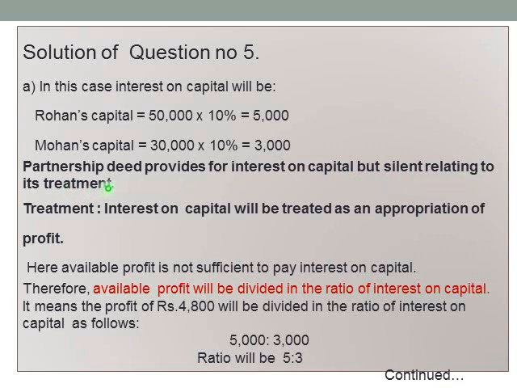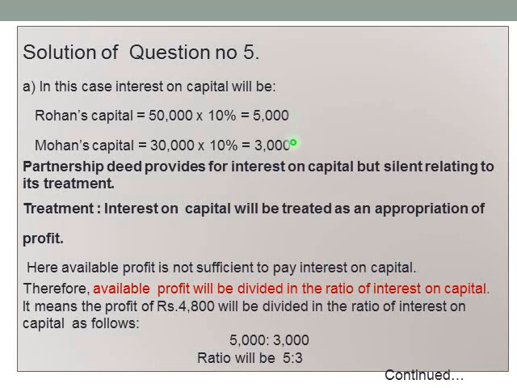In that case, interest on capital will be treated as an appropriation of profit. It means if profit is insufficient, interest on capital will be given up to the available profit. You cannot give full interest on capital if profit is insufficient.